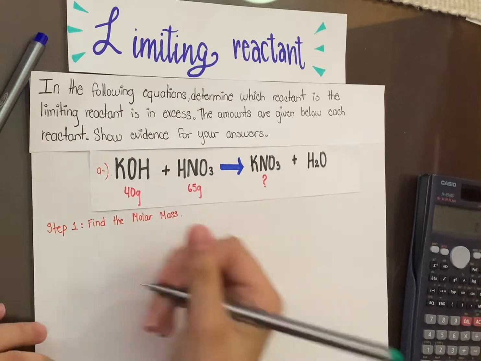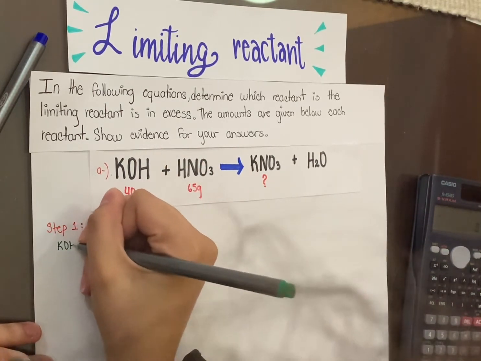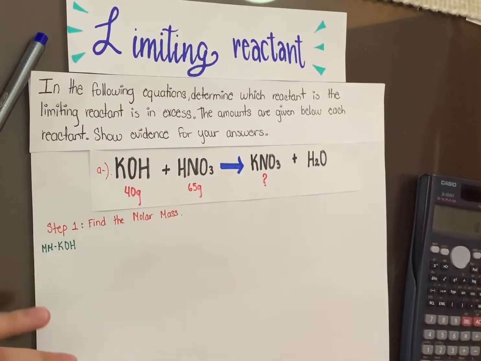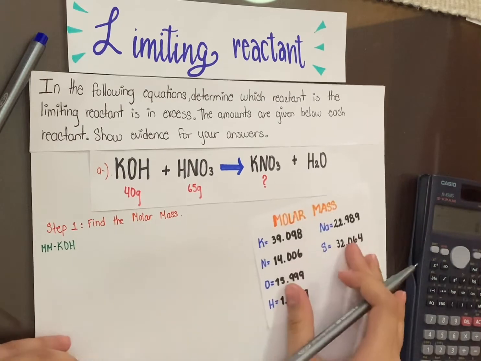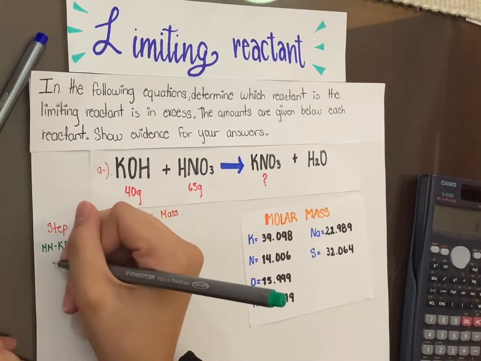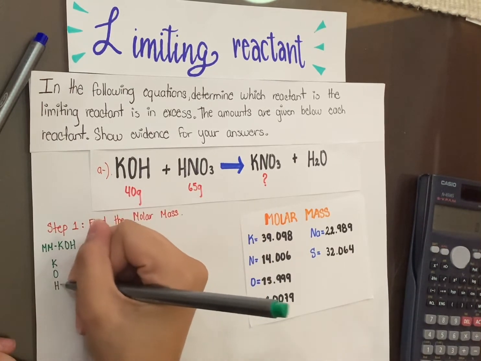So I have this one first, that is potassium, oxygen, and hydrogen. I will find this one. This is the molar mass of each one. So I will write potassium, oxygen, and hydrogen.